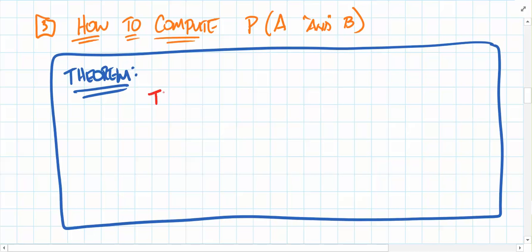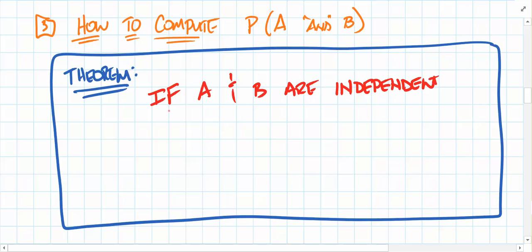It's going to say this. If A and B are independent events, that means that they do not have an effect on one another. We just sort of talked about that. Then, so there's the if statement, then the then statement.